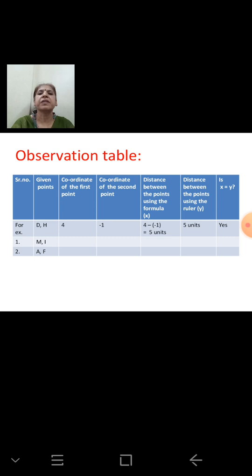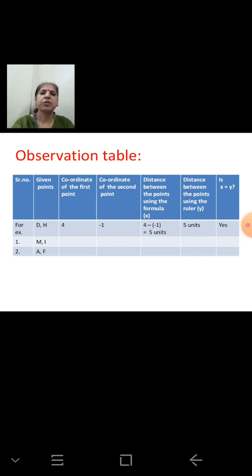Now here the observation table is given. That is your serial number, given points, coordinate of the first point, coordinate of the second point, then distance between the points using the formula, which is given in bracket as x.